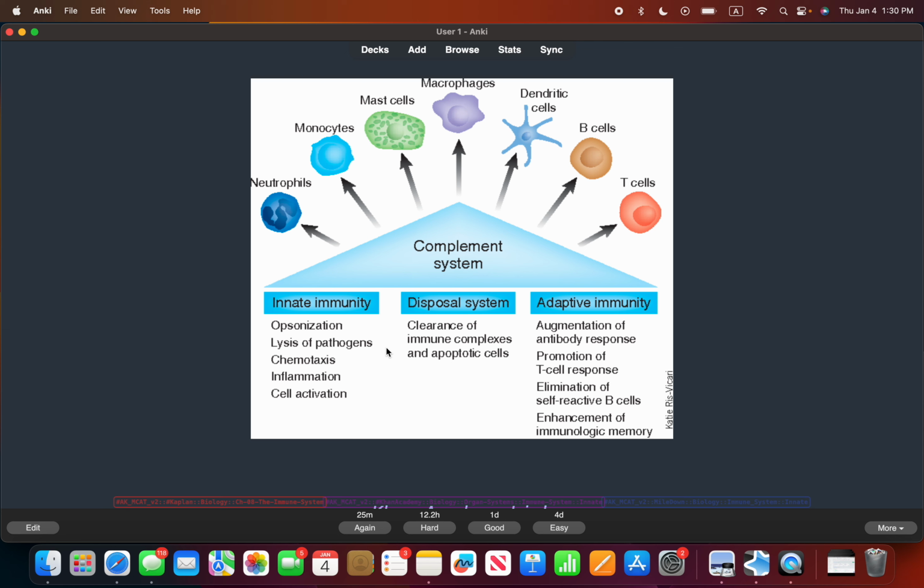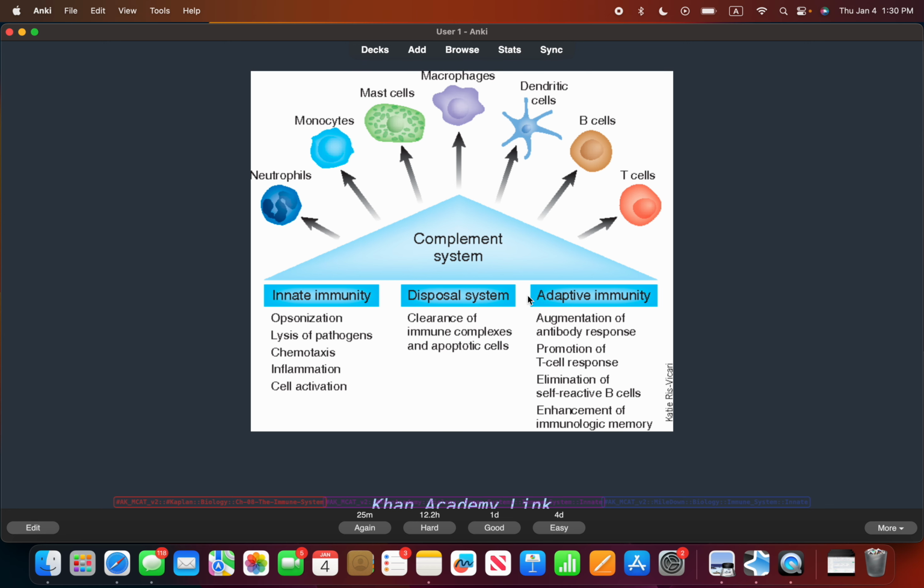It also helps with the disposal system, clearance of immune complexes and apoptotic cells, and also augmentation of antibody response, promotion of T cell response, elimination of self-reactive B cells, and enhancement of immunologic memory.